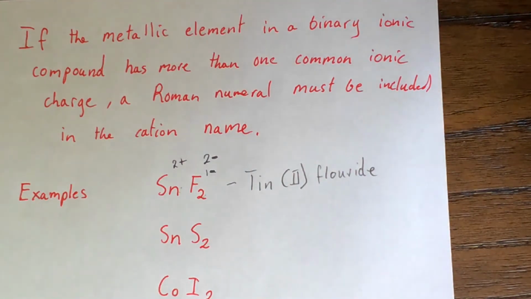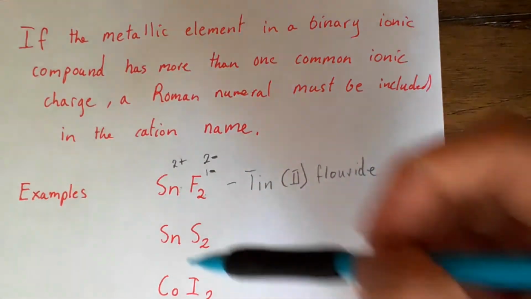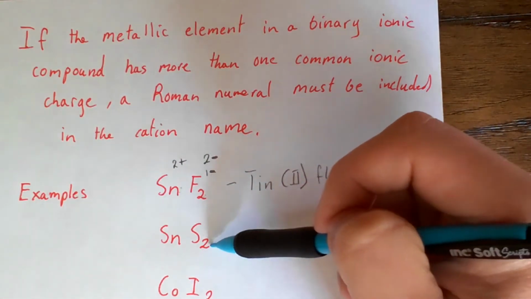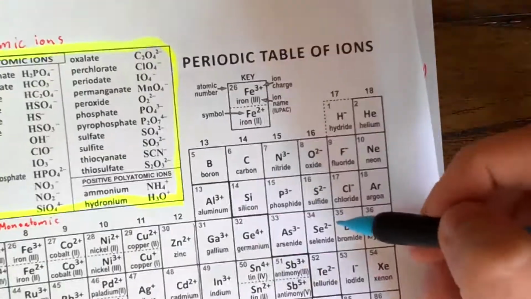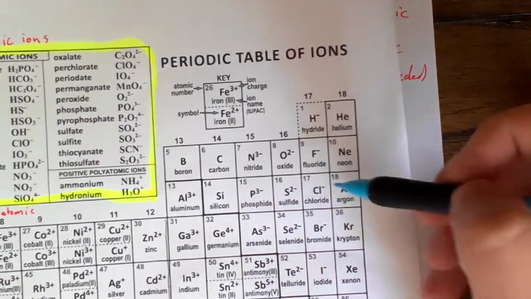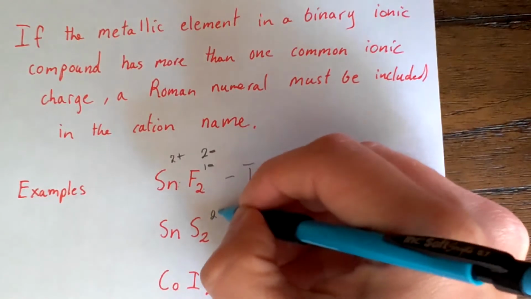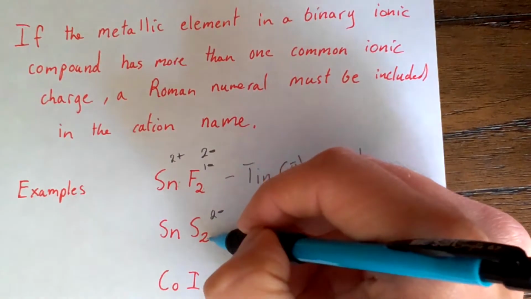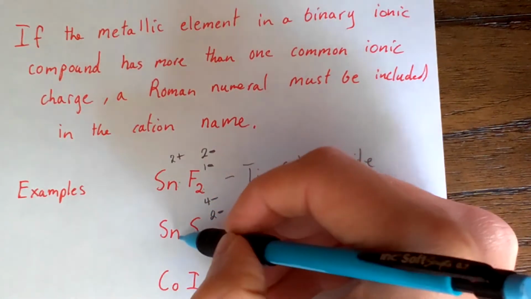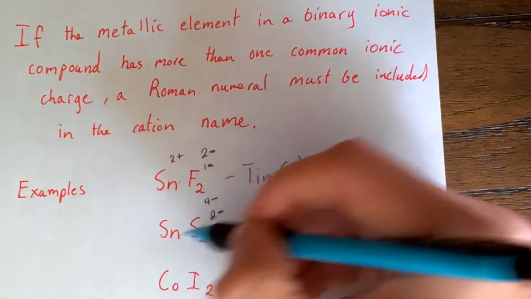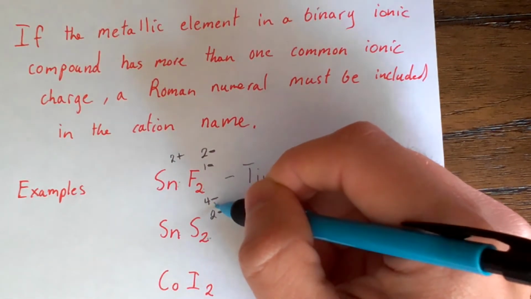Tin sulfide. Which tin are we using? We have to look at the sulfur, and sulfur has a 2 negative charge. Let's look at sulfur right here, 2 negative charge. I know I'm using 2 sulfur, so 2 times -2 is -4, and I only have 1 tin over here. What's going to be the charge of this tin in order to cancel out the 4- charge?